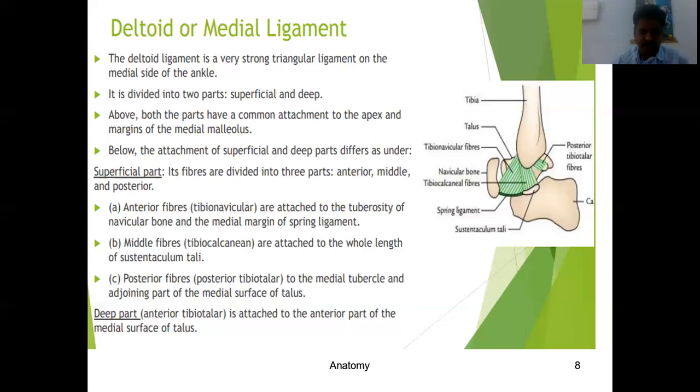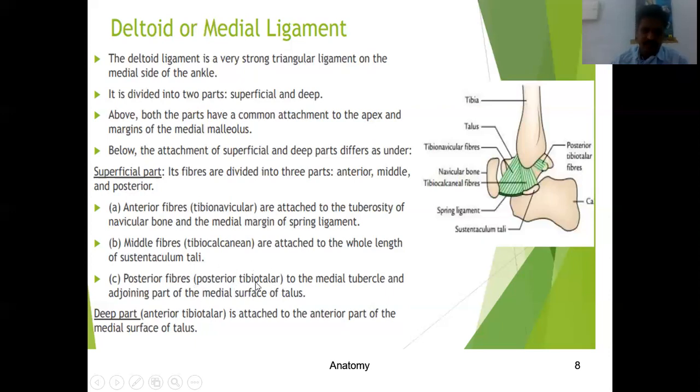So that's about the superficial part. Coming to the deep part, it has the anterior tibio-talar fibers, which constitute the deep part of the medial or deltoid ligament. We have the posterior tibio-talar also. You can see here the posterior tibio-talar, which comes under the posterior fibers of the superficial part. But it is the same fibers, of course, with the same name.